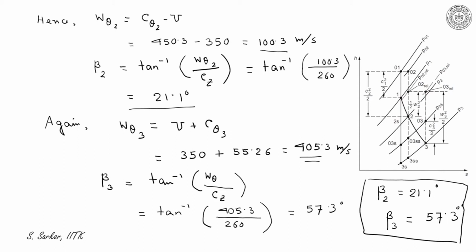Now I'll proceed further to the second part of the solution. We know our degree of reaction is equal to minus half of phi into tan beta 2 plus tan beta 3. This is the expression that I have derived earlier.